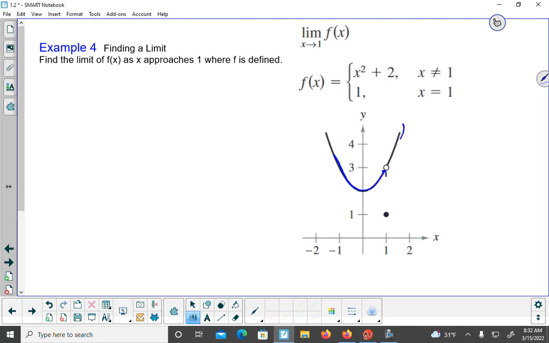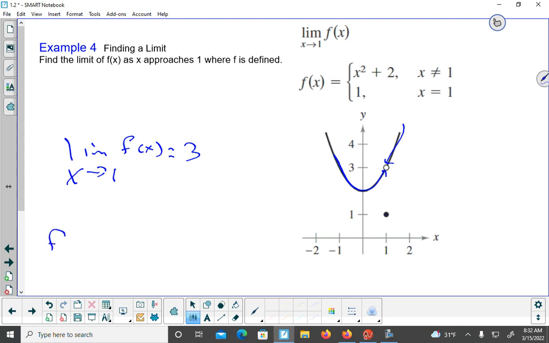As I approach from the right, it also looks like it's going to be 3. So the limit of f of x as x approaches 1 is going to be 3, because that's what it looks like on the graph.